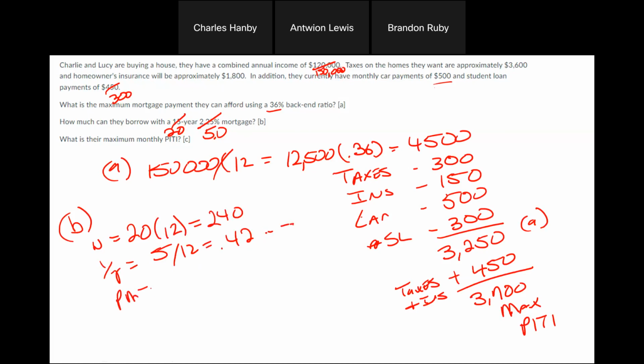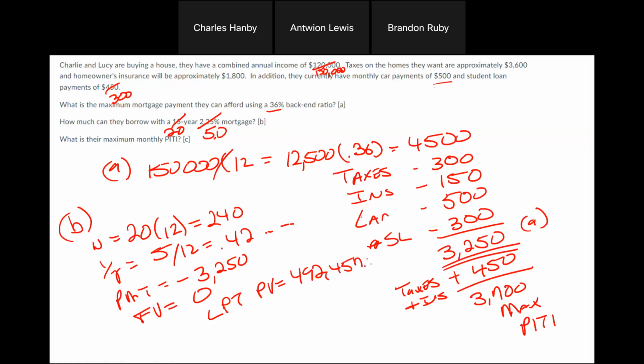And the payment is $3,250. We calculated the rate and mortgage payment, then compute present value, and that's $492,457.27.